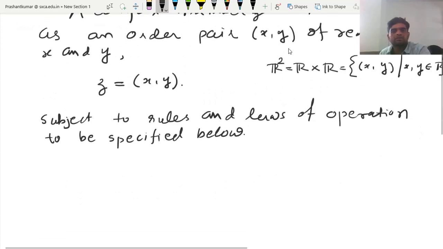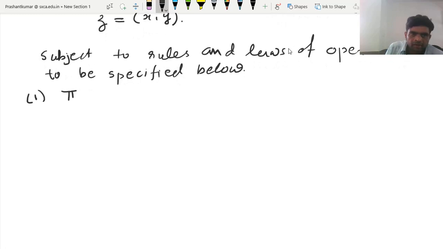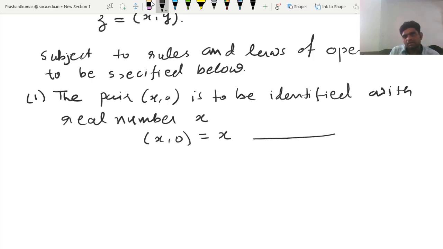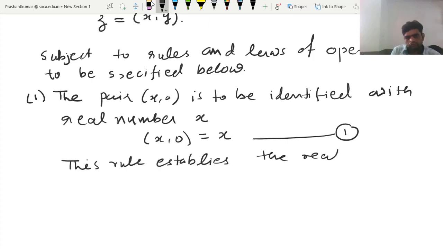The first rule is that the pair (x, 0) is to be identified with the real number x, which is (x, 0) equal to x. I will call this equation 1. So the ordered pair (x, 0) we identify as x. This rule establishes the real numbers as a subset of complex numbers.